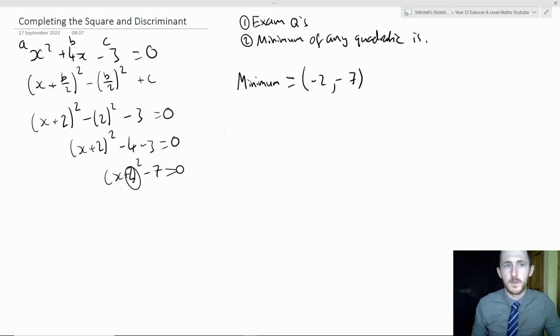That's it. That's how you can work out minimum points. That may not seem too difficult, but it's a thing that we can do. It's somewhat interesting, and that's pretty much all there is to completing the square. This discriminant thing we'll come on to a bit later. But for now, let's do some practice with completing the square to see what we can do.